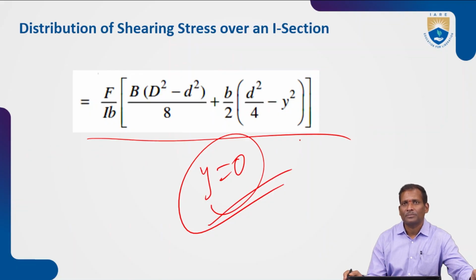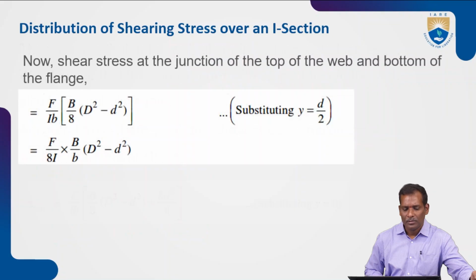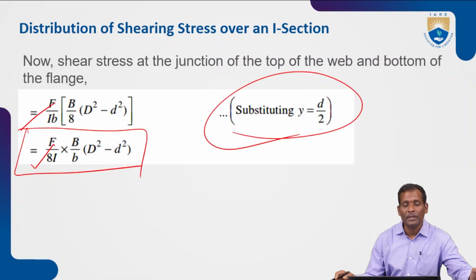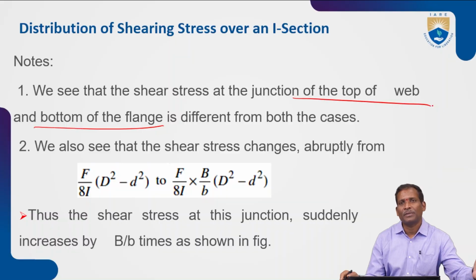Second case. So y is equal to d by 2, so d square by 4. So what will happen? The entire term will be 0. So here, note down two or three points. We see that the shear stress at the junction of the top of the web and the bottom of the flange is different in both the cases.